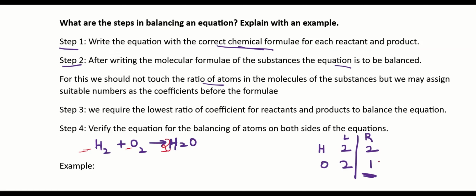Now what happened? The number of atoms of the hydrogen is now 2. But let us see what happened to hydrogen. From the beginning, hydrogen on the left hand side is 2 and on the right hand side it became 4. How? 2 multiplied by 2 atoms that are present here for the hydrogen.